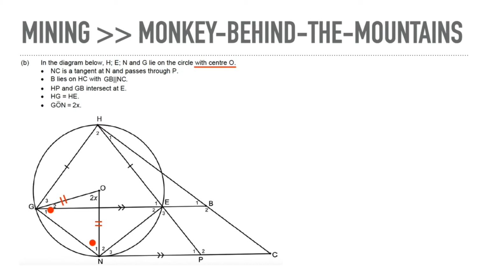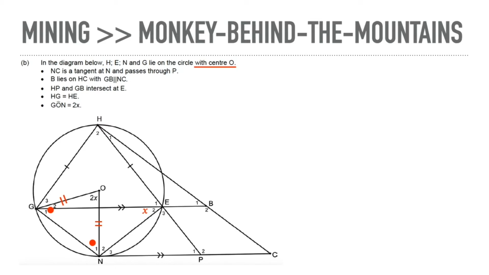Then I look at theorem 2. Theorem 2, which says the angle at the center, so angle O, is twice angle E2. Again, for those of you that haven't done Euclidean geometry yet, just stick with me. You'll do this theory a bit later on this year.